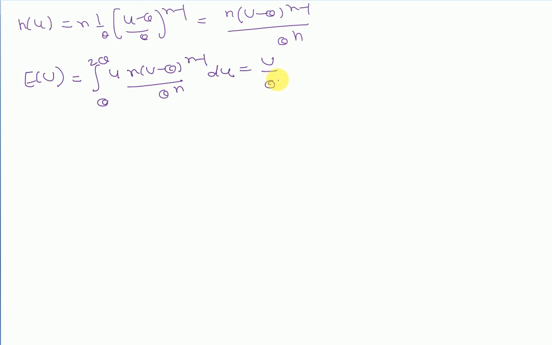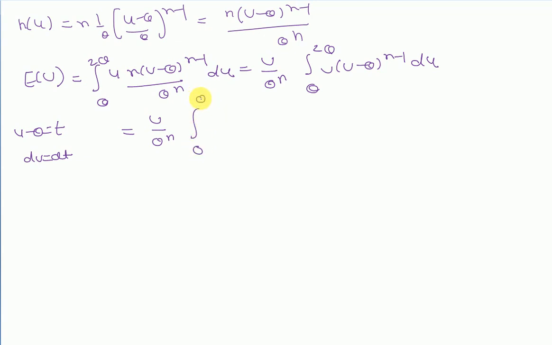That is n upon theta raised to power n, integral from theta to 2 theta of u (u minus theta) raised to power n minus 1 du. Let us assume u minus theta as t, then du equals dt. Then how will the range change?